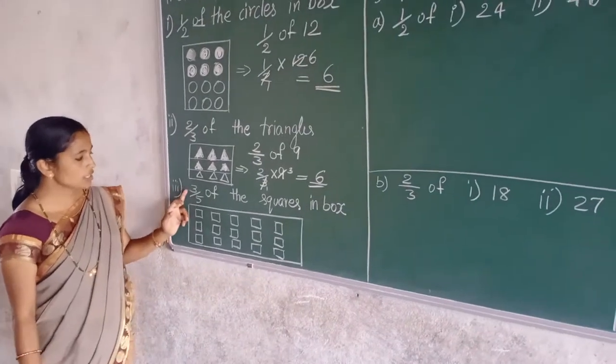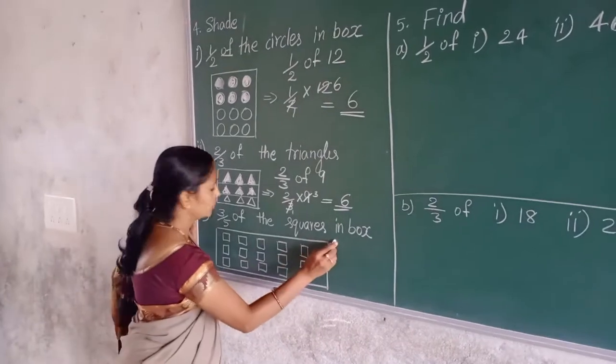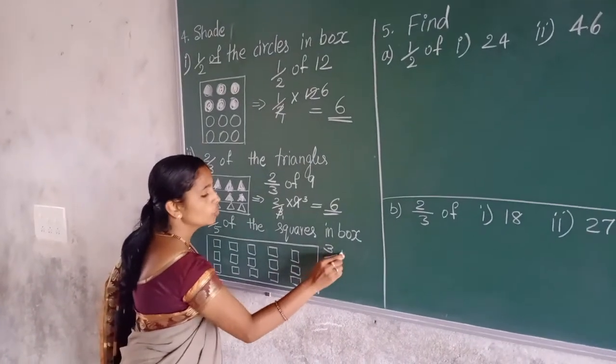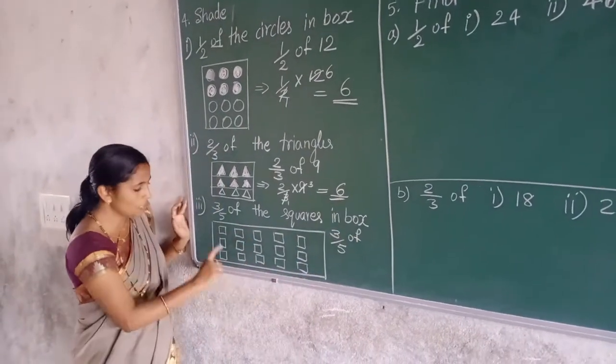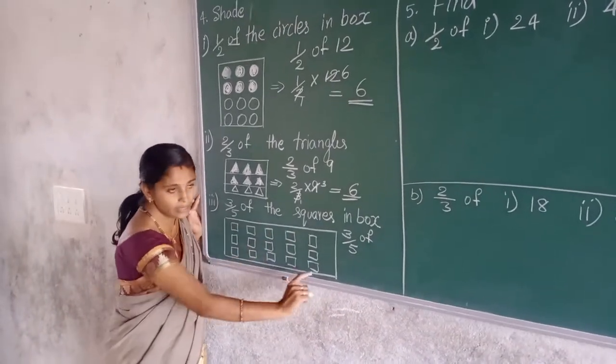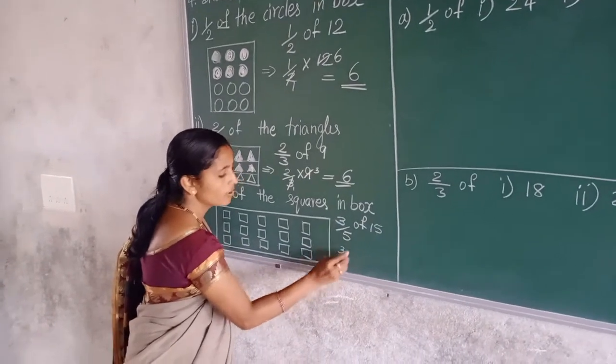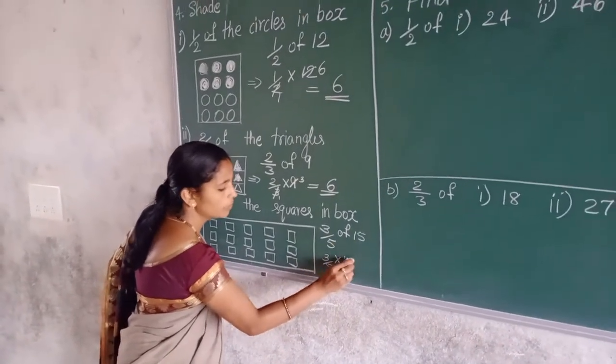Now the next question is 3 upon 5 of the squares in a box. Now 3 upon 5, total number of squares. How many are there? 1, 2, 3, 4, 5. 5 repeated 3 times. 5 threes are 15. So let us simplify. The word of indicates multiplication.